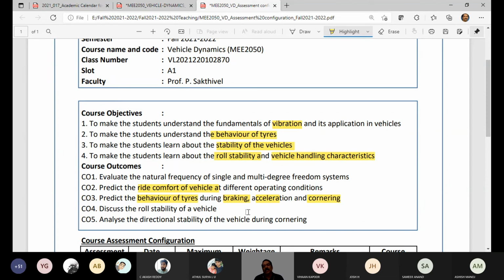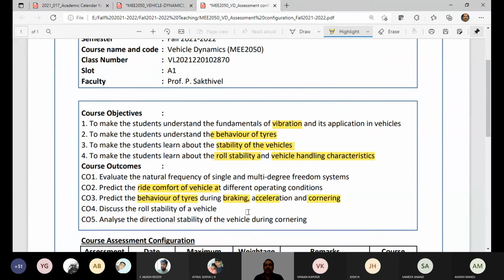This covers the other part of your vehicle dynamics, which we call longitudinal dynamics and lateral dynamics. Longitudinal and lateral dynamics mean you have to ride your vehicle on straight highways, or you have to take your vehicle comfortably on curvatures, the curved roads on the highways.